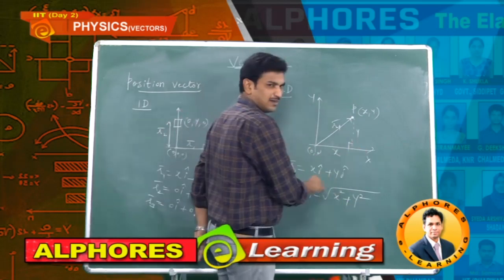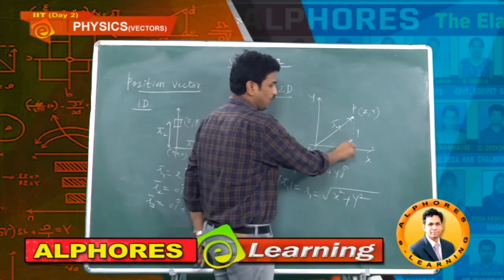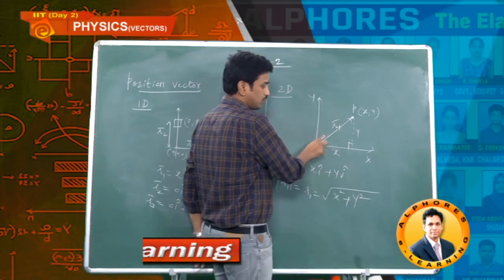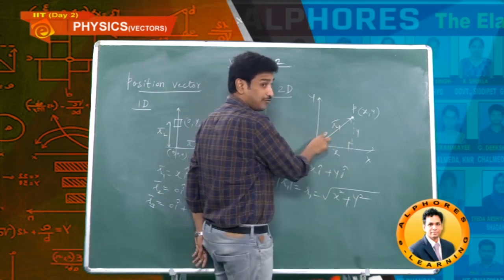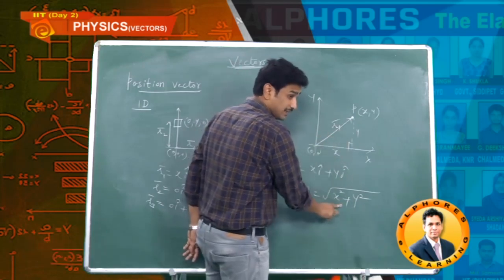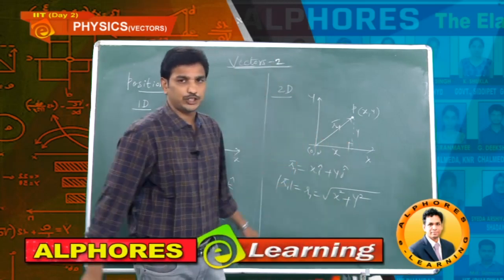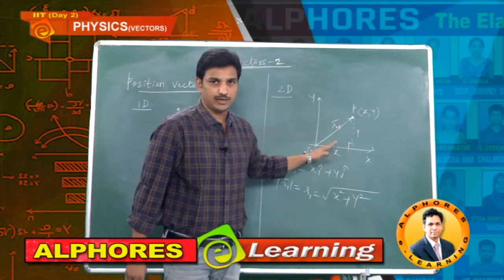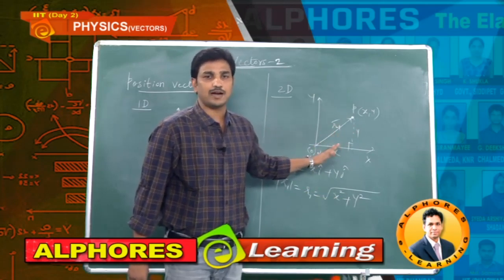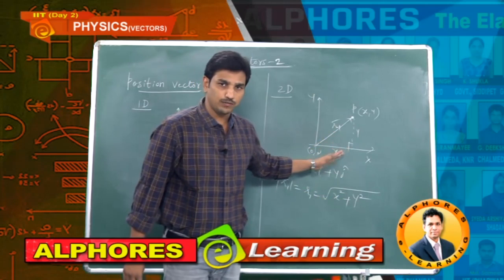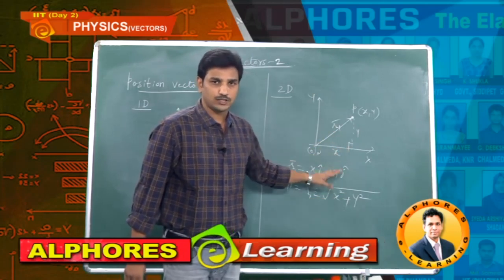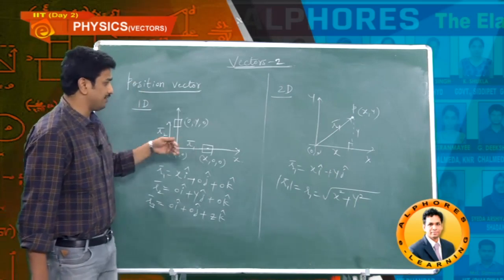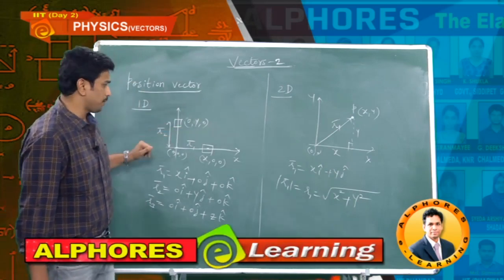You know the Pythagoras rule: side square plus side square is hypotenuse square. This is root of x square plus y square. Same thing. Through vector notation we get root of x square plus y square as the magnitude of the vector. Even using Pythagoras law you get the same thing, under root of x square plus y square.